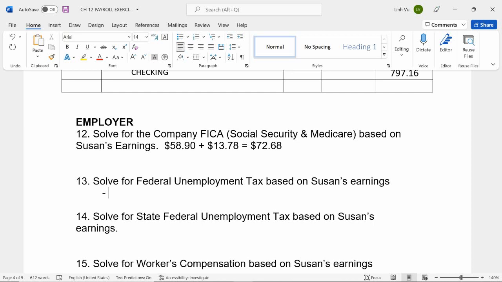No, this is based on gross pay, not net pay. Net pay is after taxes. It's gross. Okay, 950 times 6 percent. 6 percent, good. Times 6 is 57.